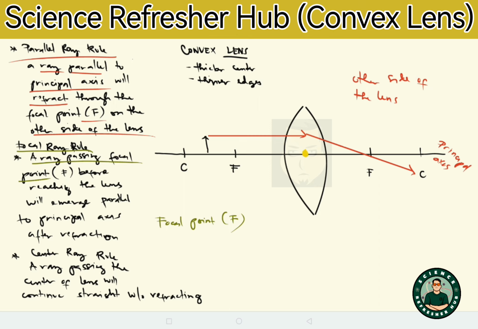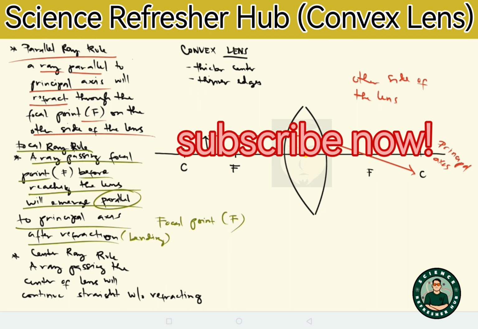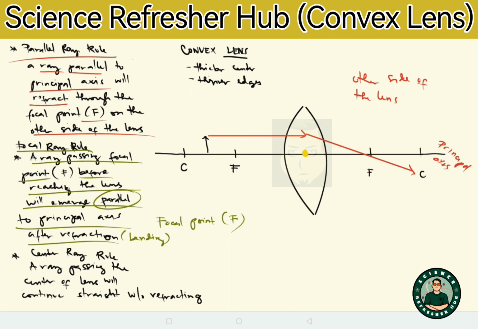A ray passing the focal point before reaching the lens will emerge parallel to the principal axis after refraction. Remember, refraction is just the bending of the light ray. Okay, let's show it here. We have a ray here passing through the focal point.